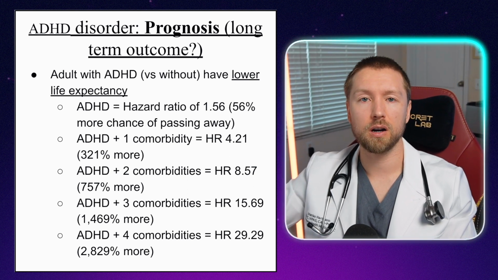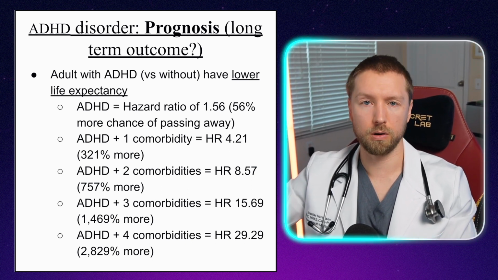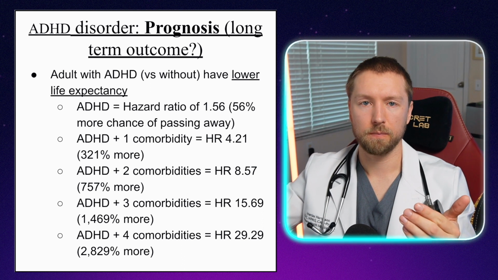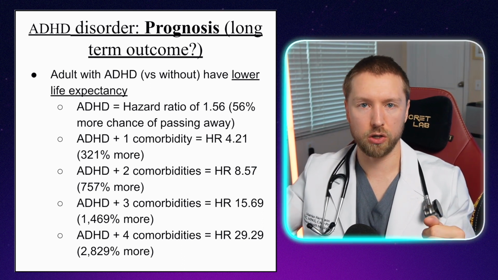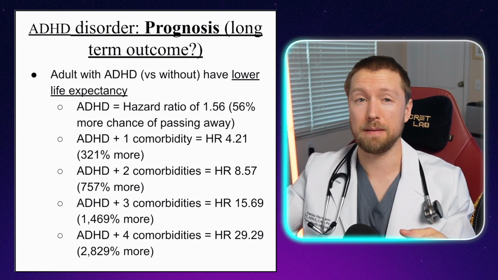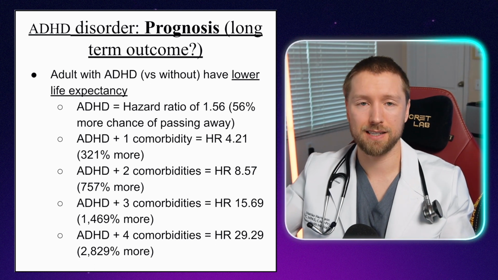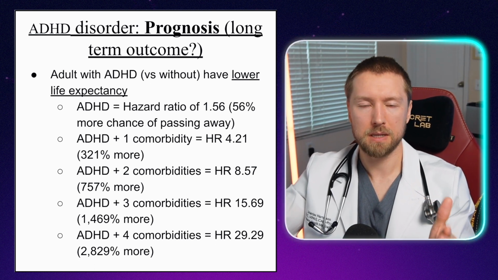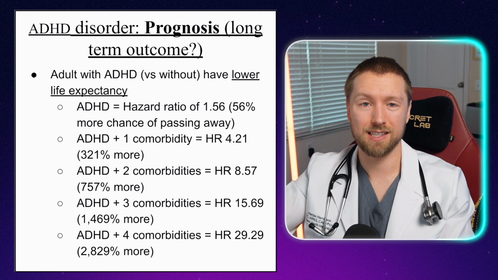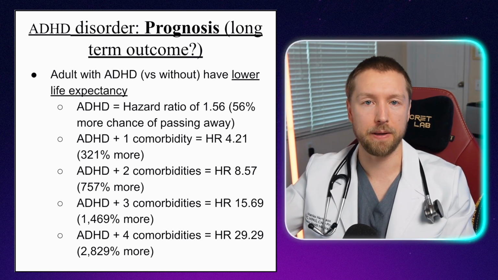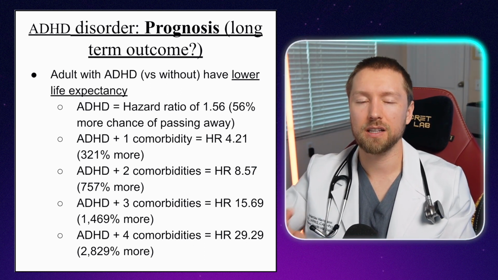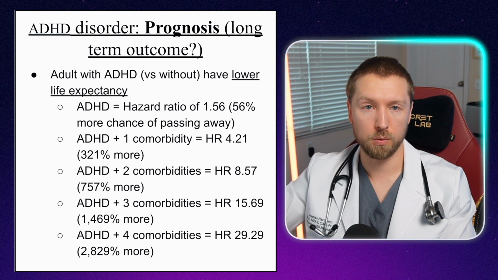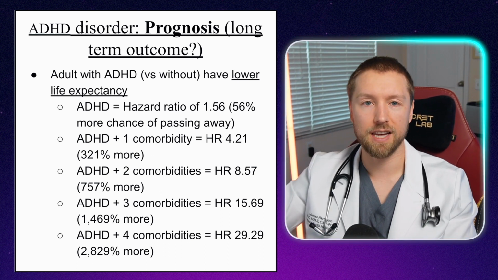Here are some pretty alarming numbers that we're going to go over. When looking at this, there's the hazard ratio, which you need to know what that means in order for it to make sense. But basically all it means is the chance that something bad will happen. And I've put a more easily understood number right next to it, namely those percentages.